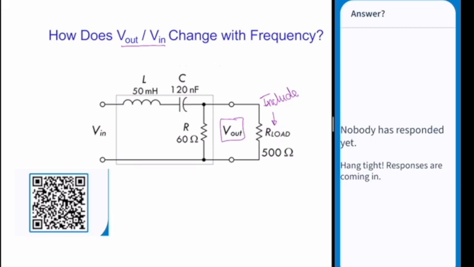So just write the equation for V out equals the expression.